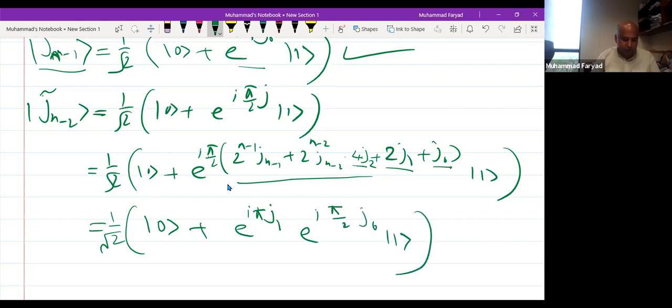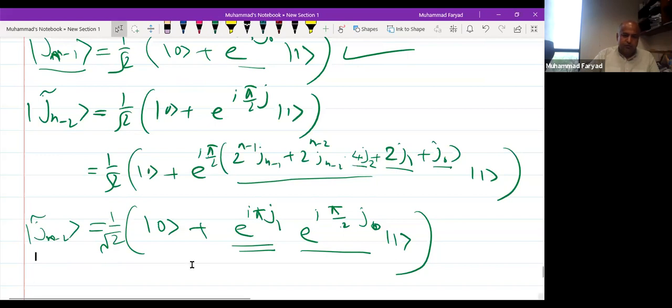So it means now I have a Hadamard on j1, but I have to apply a phase gate with a phase pi by 2 controlled by j naught to get this term jn minus 2. So Hadamard on j1 and a pi by 2 phase controlled by j naught.